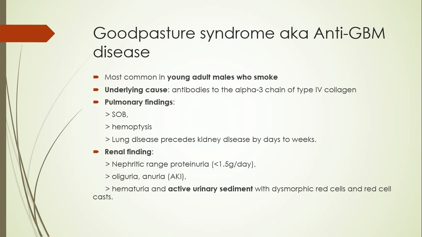The renal findings are due to glomerulonephritis. So whenever there is glomerulonephritis, there will be leakage of protein and RBC. So there will be proteinuria, which is nephritic range, or small or moderate amount. And obviously, whenever there is glomerulonephritis, there is damage to the glomerular apparatus. So filtration will be decreased.